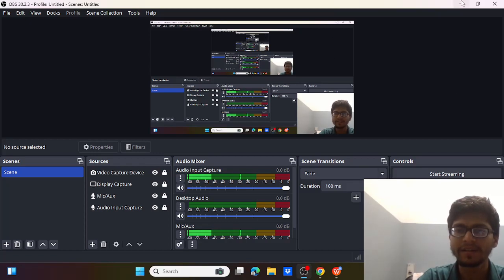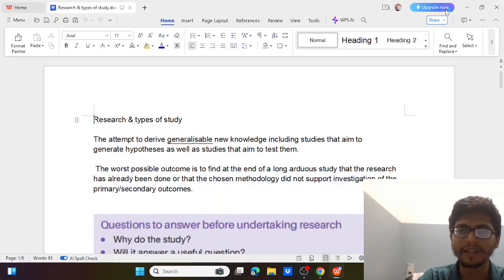Hello friends, today we'll be discussing research and types of study in research. Along with that, we'll also discuss the difference between research, audit and service evaluation. And lastly, we'll discuss evidence, levels of evidence and grades of recommendation.